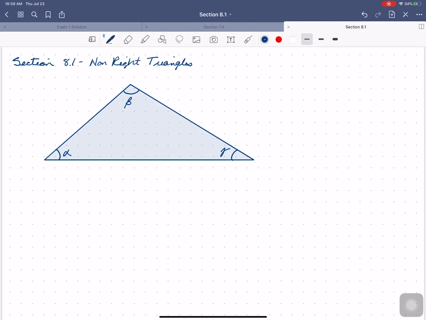And by convention, we label the side of the triangle that is opposite alpha, A, the side that is opposite beta, B, and the side that is opposite gamma, C. Now, alpha and beta probably make sense to you because they kind of sound like A and B, but why gamma and C? Well, turns out gamma is the third entry in the Greek alphabet. C is the third entry in the English alphabet, so A, B, C.